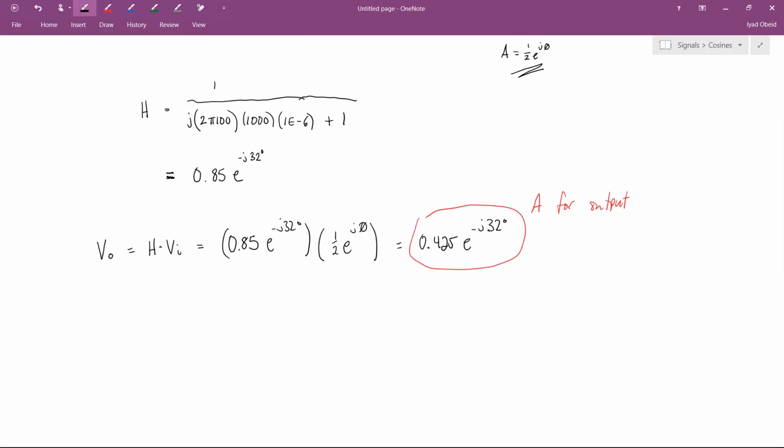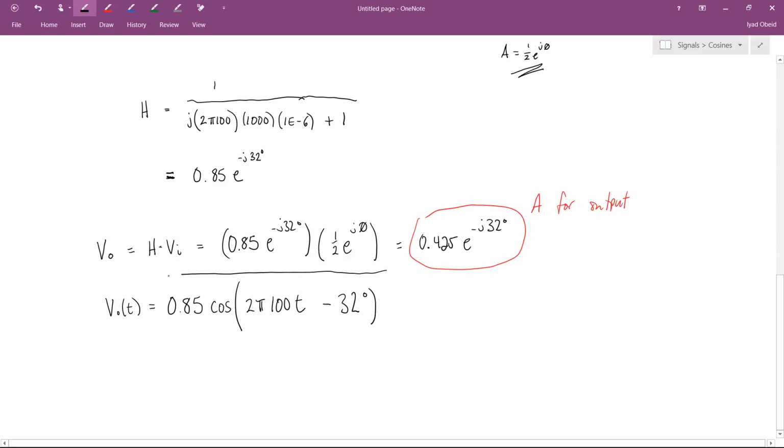So to put it all together, I can say that my output voltage, V out as a function of time, is going to equal 2 times the absolute value of A, which is 0.85, cosine of 2 pi times 100t minus 32 degrees. Okay? And there you have it.